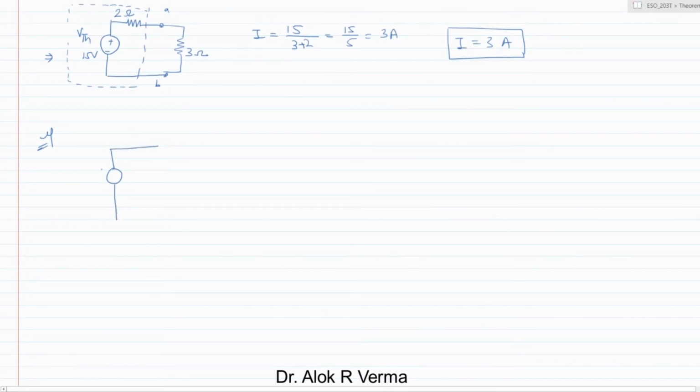Now you have a 10 ampere current source which is going to a resistance here as 1 ohm. There is a battery, DC source, resistance.